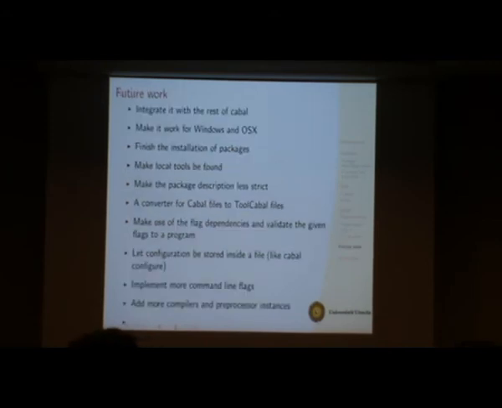Okay, this is an experiment, so there is a long list of future work to be done, and this is even just a small sample of it. But what I really would like is to hook it into the rest of Cabal, because the rest of Cabal works fine, but we have a user Haskell compiler, which has multiple targets, and a user attribute grammar system, which doesn't really fit well into the current package description format.